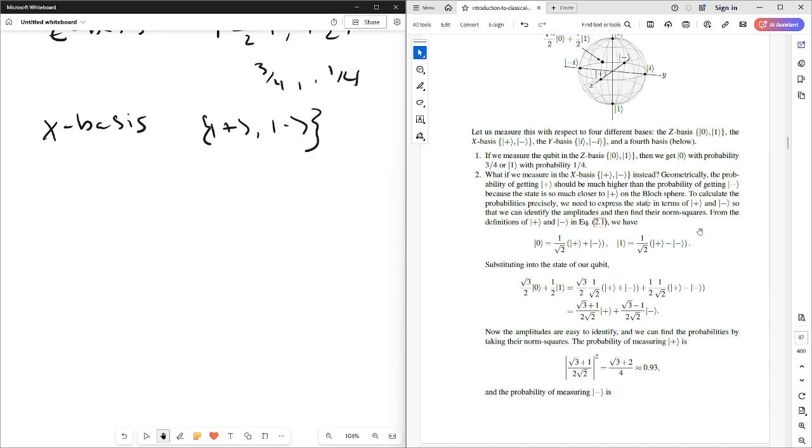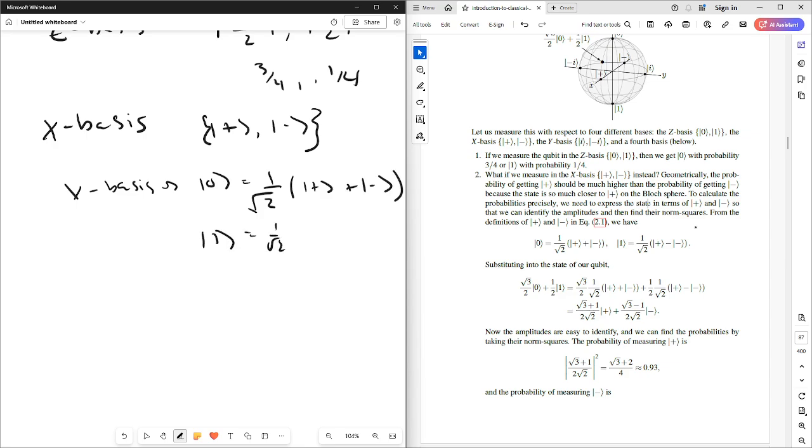So we know in the X basis that 0 is 1 over square root of 2 plus minus, and 1 is 1 over square root of 2 plus minus. So we can substitute in the states of our qubits into this.